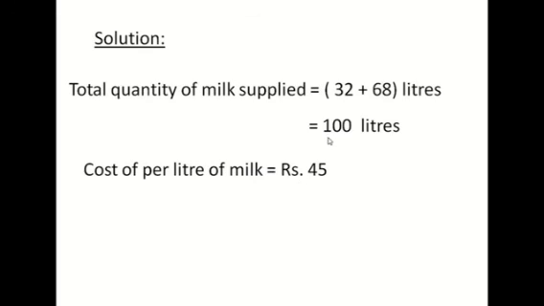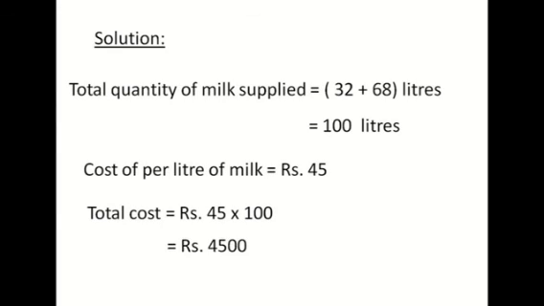You have to find out that the total cost of the milk, means cost of 100 liters of milk. So we have to multiply. So write off total cost. So rupees 45 into 100. So very easy. So it is rupees 4,500. If you finish this much, then you write down the final answer. I hope all of you are very much clear.